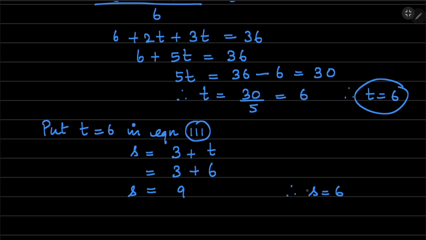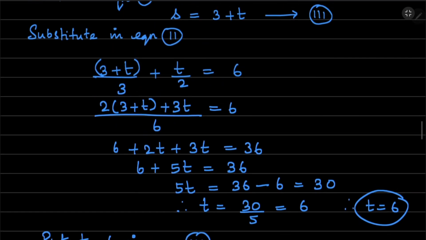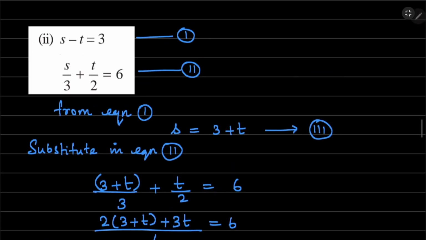So this is the solution. What do you mean by finding the solution to a pair of linear equations or to a system of linear equations? That means whenever you are asked to solve, you have to find the variable values which satisfy both the given linear equations.